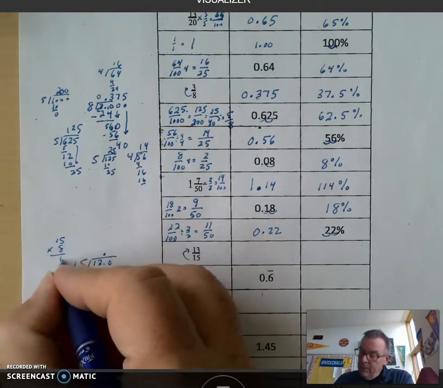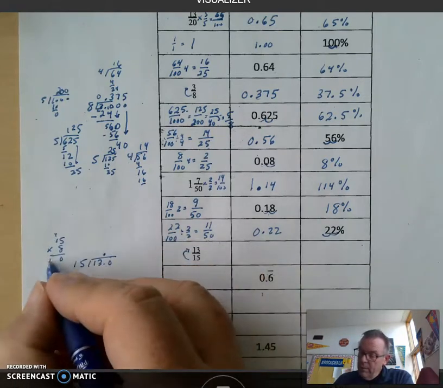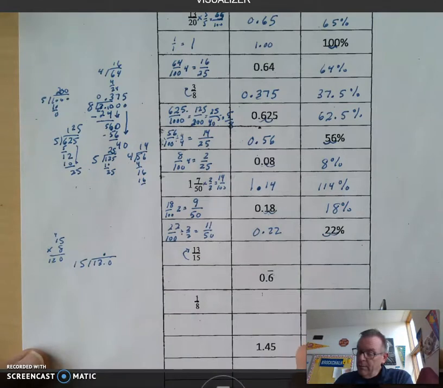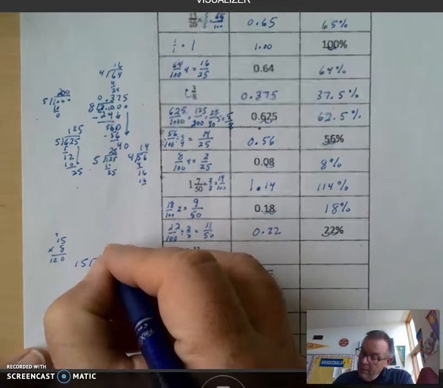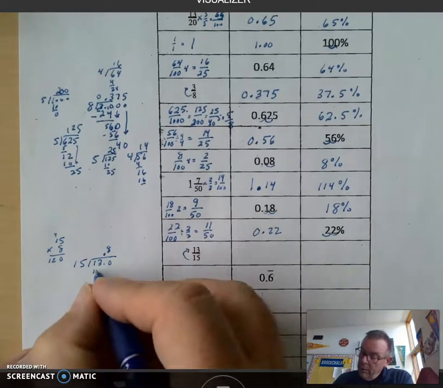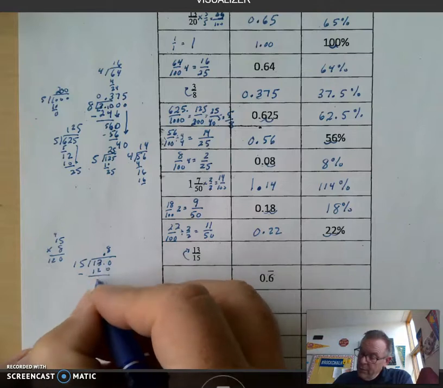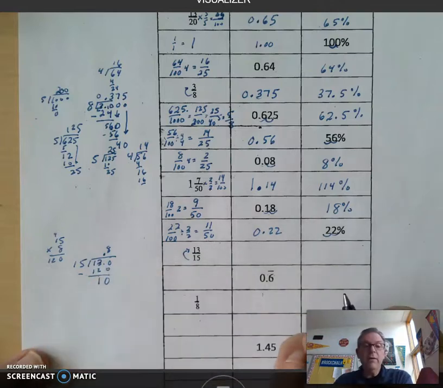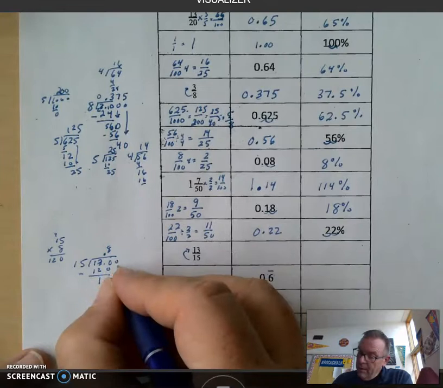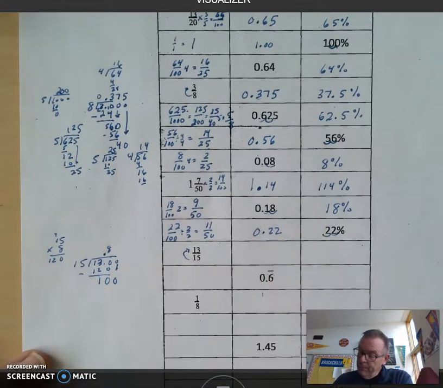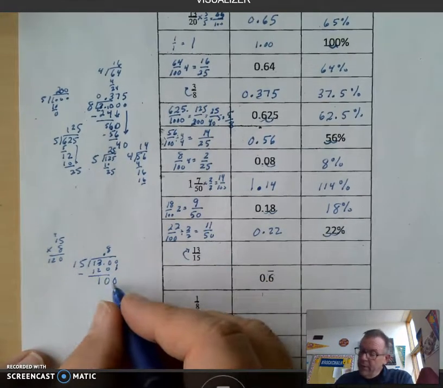5 times 8 is 40. 120. Man, that's pretty close. So 8, 120, subtract. So I get 10 left over. Add my 0. So I'm trying to take 15 into 100.